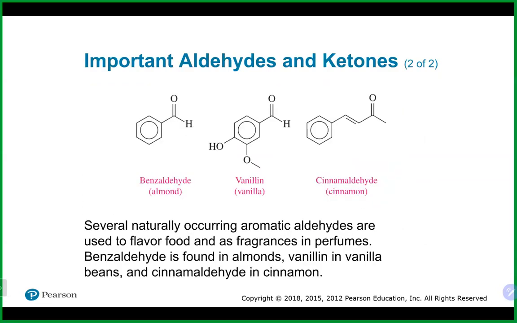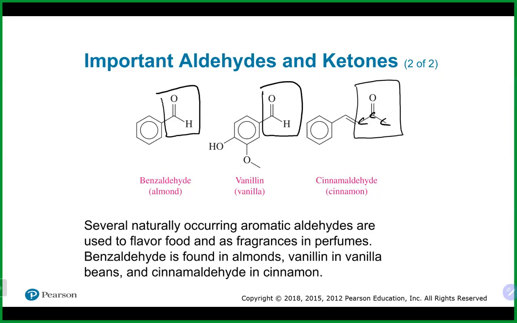Important aldehydes and ketones here: we have benzaldehyde, which is like an almond type of flavoring. Vanilla, as you can see, has our aldehyde group here. And this is cinnamon, basically, which has our ketone group right about there. So these groups obviously play some role in these names.